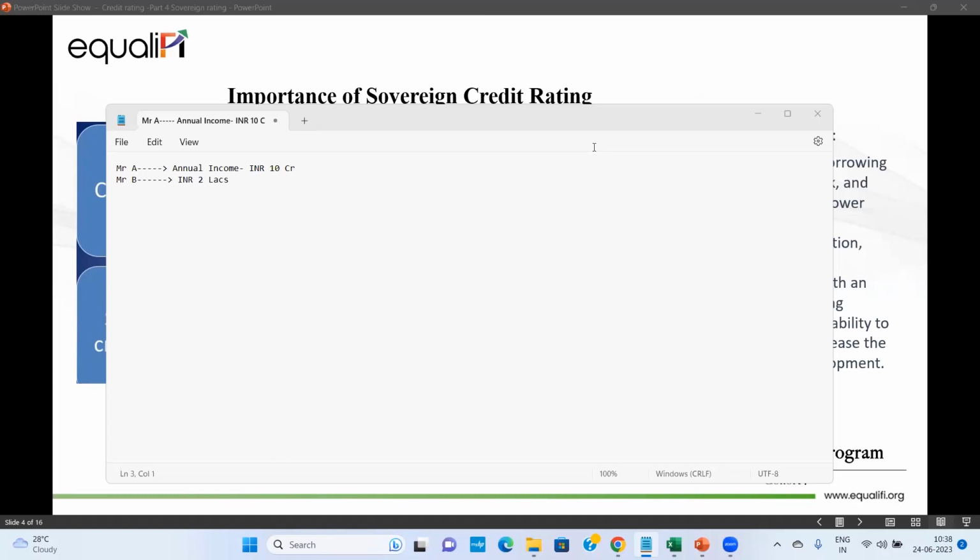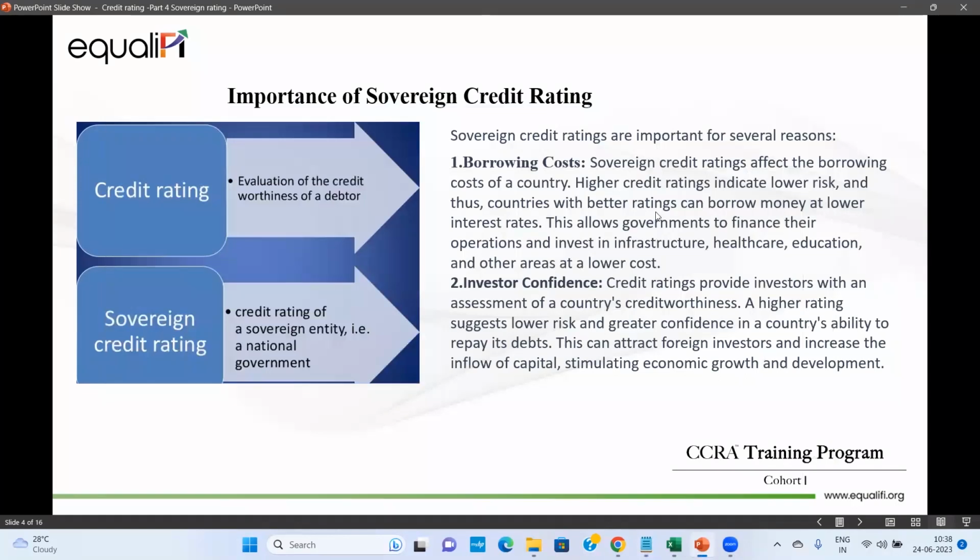It's not just the total income divided by the population. Next, what is the consistency of the income, right? You ideally should consider all these things. So borrowing cost is important, for which sovereign credit rating is a determinant.